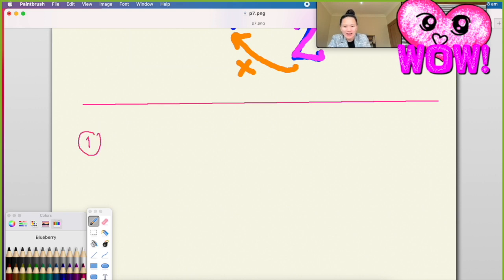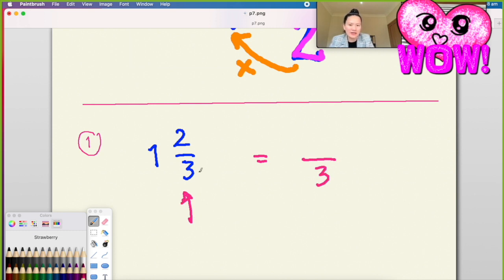Now I have 1 and 2 over 3. What I'm going to do is, I know that 3 has to be the same, yeah? Denominator always is the same. I write down here first 3. I put 3 here because I know that it needs to be the same.